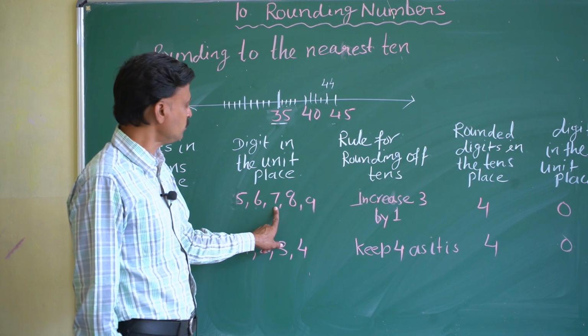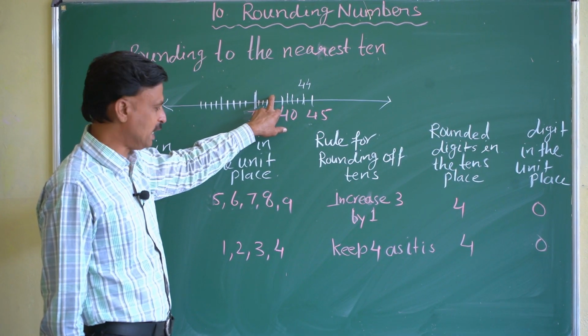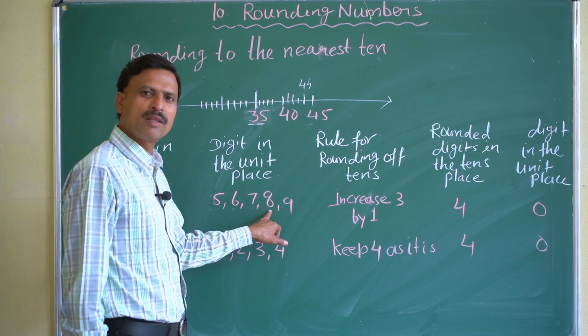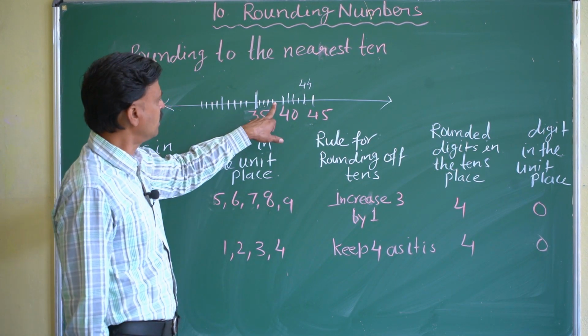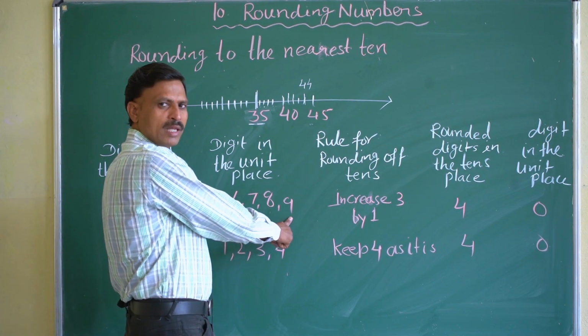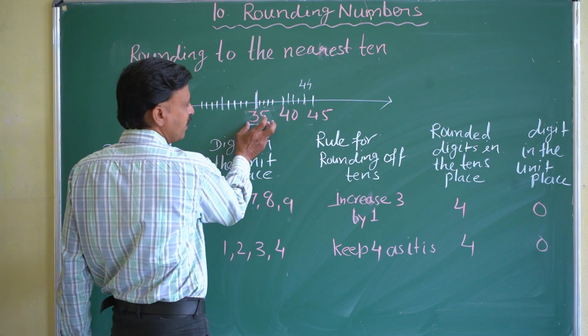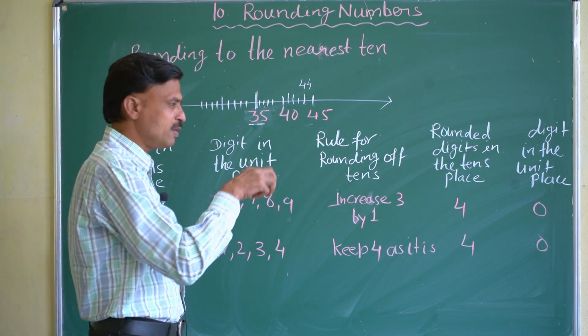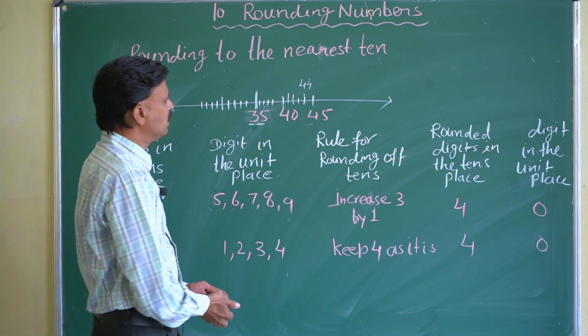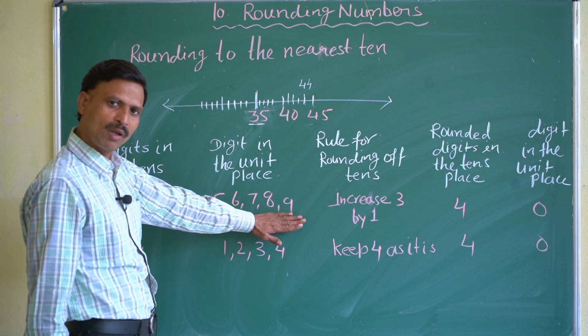Getting it now? After this the number will be 38, so the digit in the unit place will be 8, and then 39, so the digit in the unit place will be 9. So from 35 to 39, the digit in the unit place is 5, 6, 7, 8 and 9.